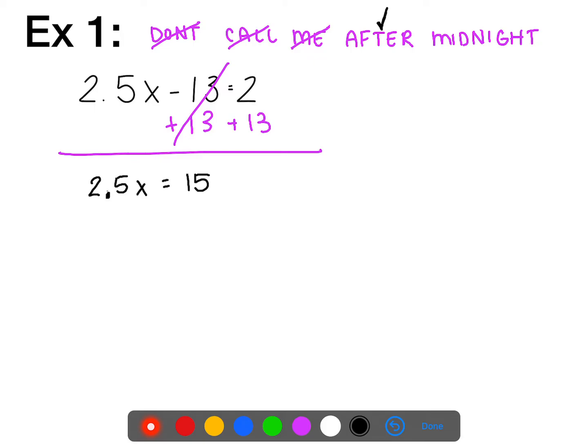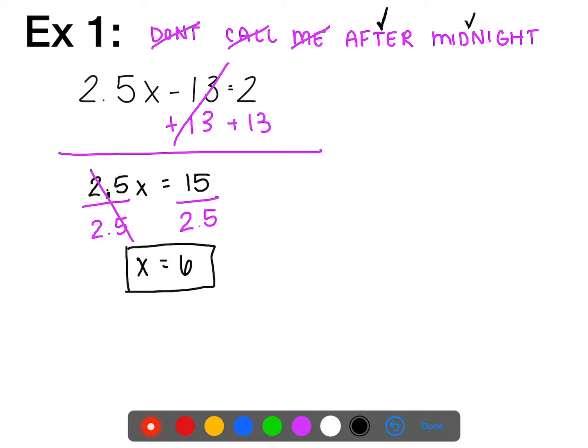And then midnight tells me multiply or divide. I know I have to divide by 2.5 on both sides, which leaves me with x equals 6. And I've also completed my midnight step. I've got my answer. Life is good.